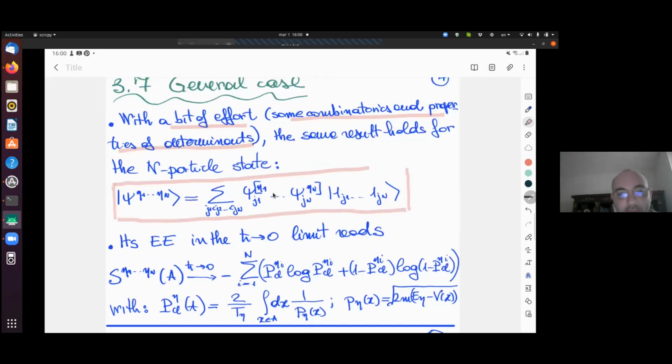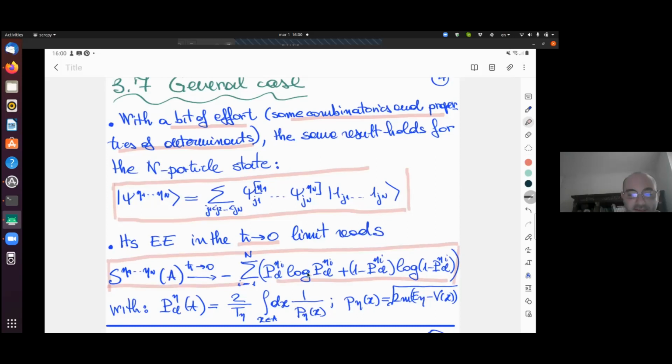It contains now n particles living on the lattice, and it's anti-symmetrized over all the quantum numbers. We can calculate the reduced density matrix, the continuum limit, the semi-classical approximation of the wave function, and then the h bar goes to 0 limit by stationary phase. And what you find is that the entanglement entropy of region A, which is again inside the classically allowed region, is just the Shannon entropy of n bits.